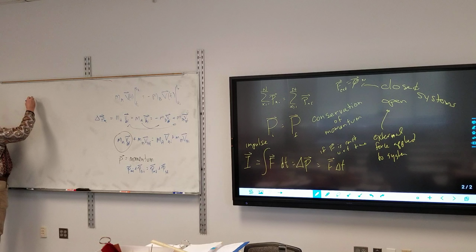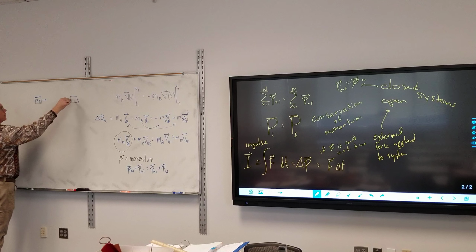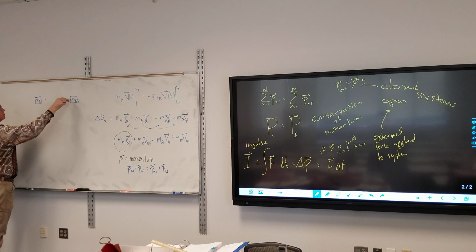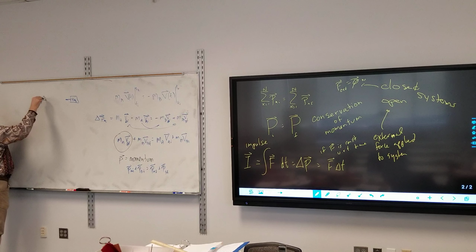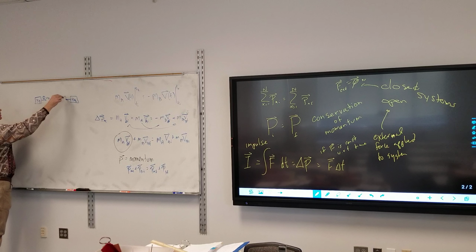All right, so I'm going to deal with a closed system. We'll make this a 3 kilogram mass heading to the right. And over here, I've got a 4 kilogram mass heading to the left. Let's say this was going 6 meters per second, and this is going 2 meters per second.